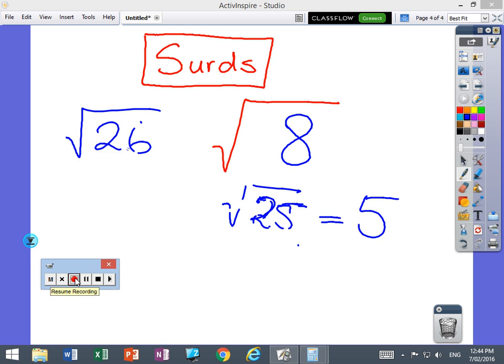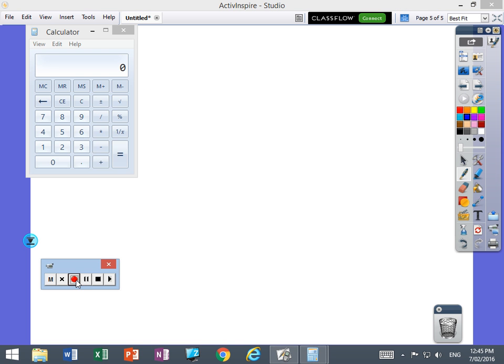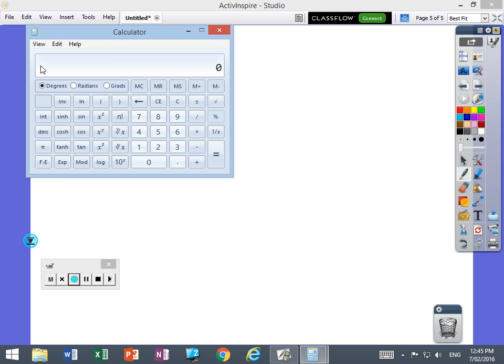Now, the other example that we commonly use is the pi symbol. If I put that into a calculator, you'll see right over here, it's got the pi symbol.